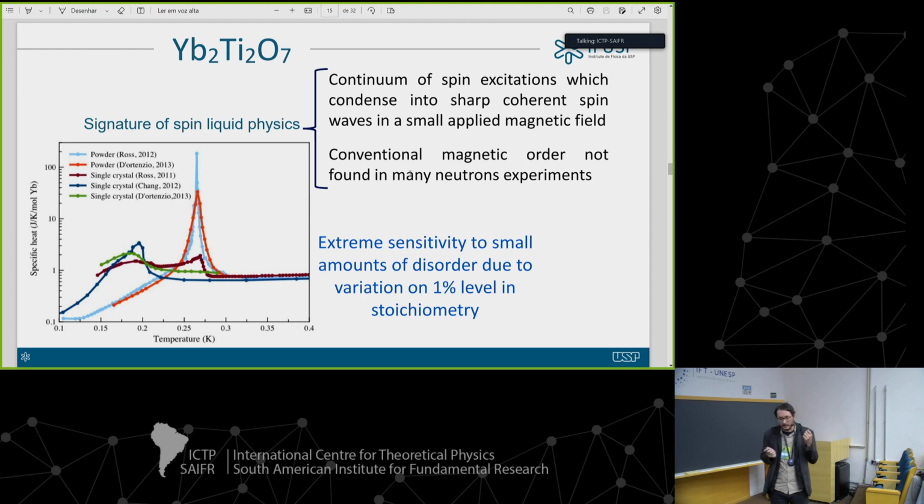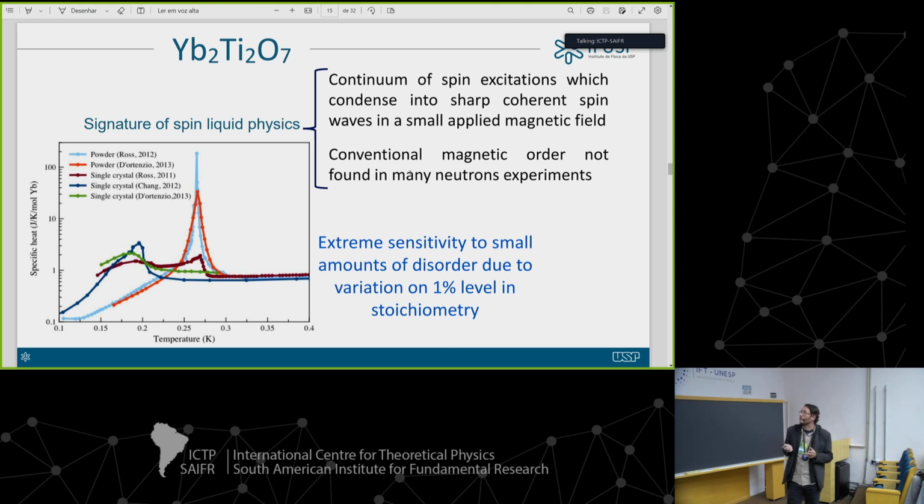People have seen continuous spin excitations in neutron scattering, which condense into spin waves for very small applied magnetic fields. And most of the neutron results on these materials fail to see long-range magnetic order at zero field.